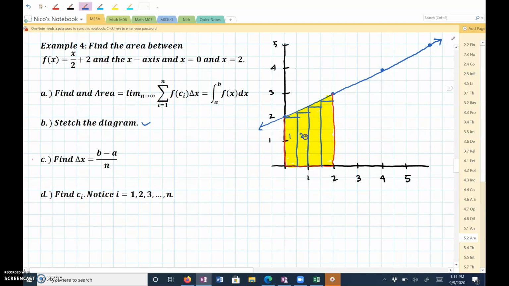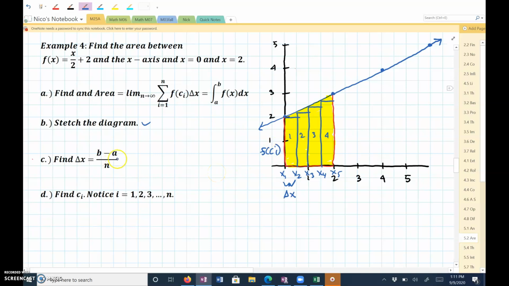We'd have 4 rectangles where this would be x sub 1, this would be x sub 2, this would be x sub 3, this would be x sub 4, this would be x sub 5. And the width of each of these rectangles would be delta x. The height of each of these rectangles would be f of c sub i.